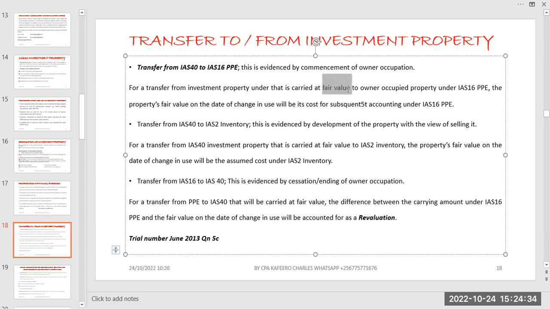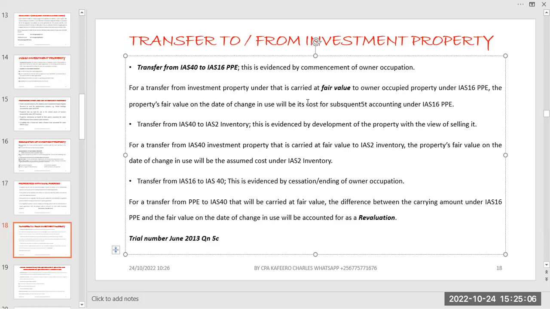So we transfer them at their fair value. If it is moving from IAS 40 to PPE, we transfer them at their fair value to owner-occupied. Because if you are transferring the asset now, what will be the cost you are going to assign to that asset where it is going? If it is going to become an item of PPE, then at what value will be its measurement?